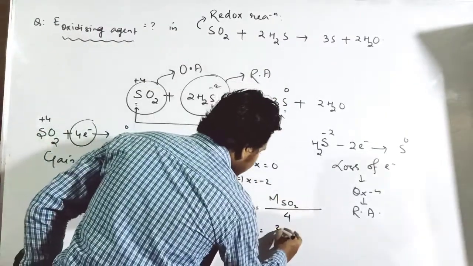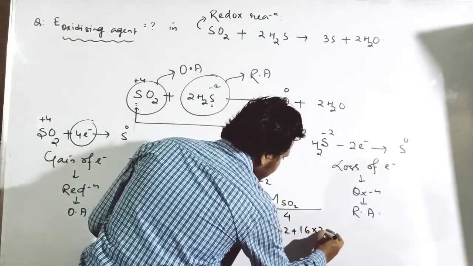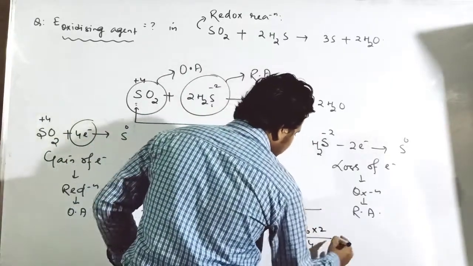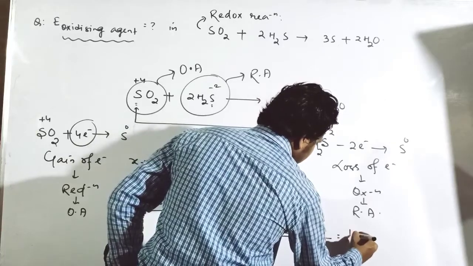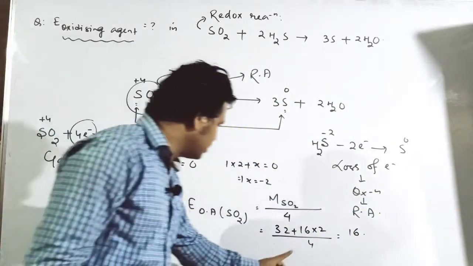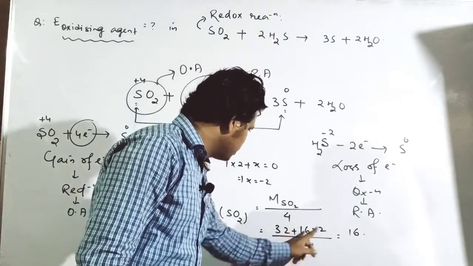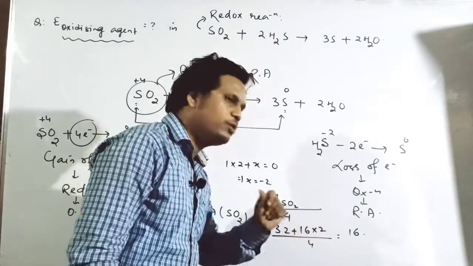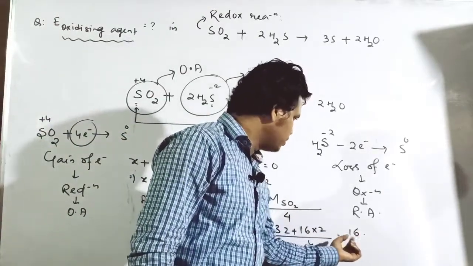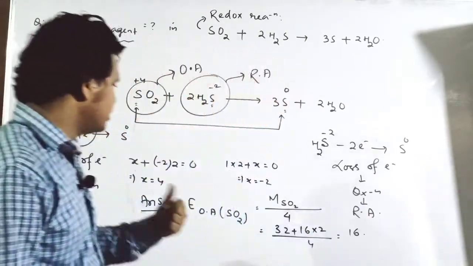So sulfur 32, oxygen 16 times 2, that is 64, divided by 4. 64 by 4 is 16. The answer will be 16.